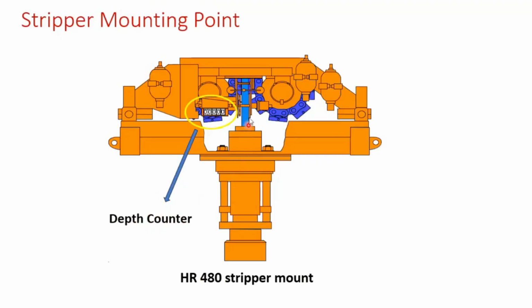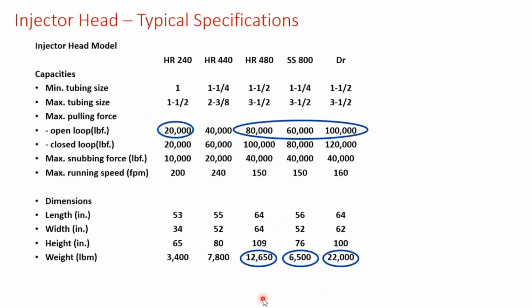So as it goes down or up, these rotating sheaves give the reading here for the depth during run in hole or pull out of hole. And at the bottom here is the connection for what comes next down to the injector, which is the stripper. This is the stripper mount, to be connected to the stripper below the injector.